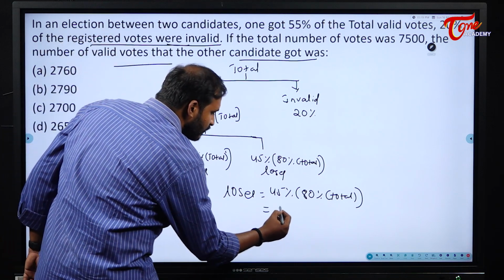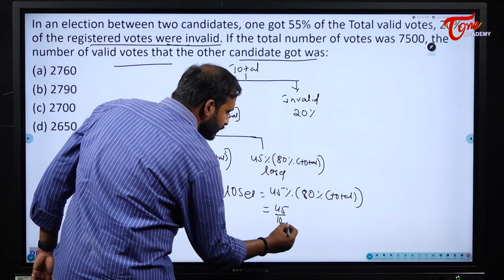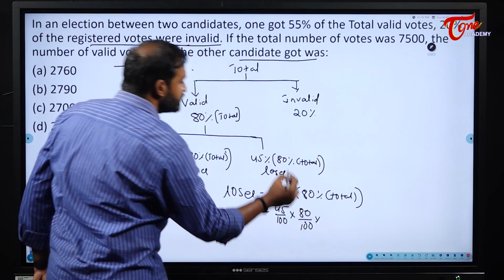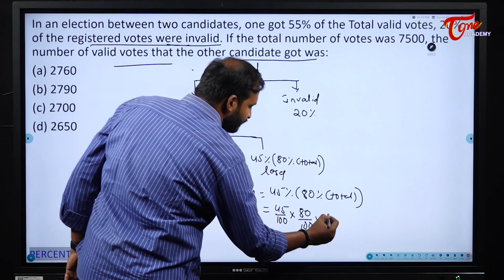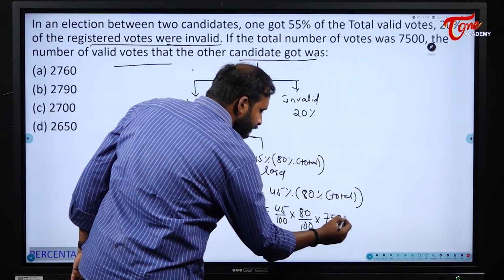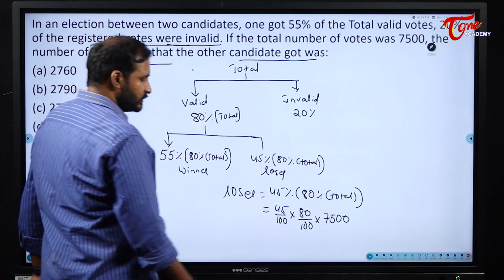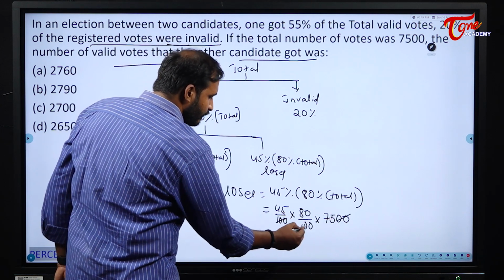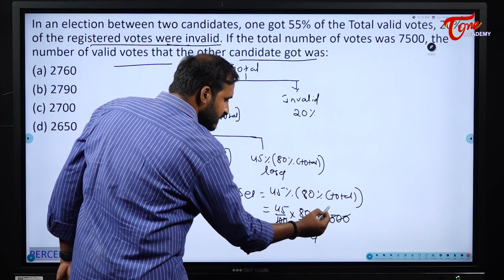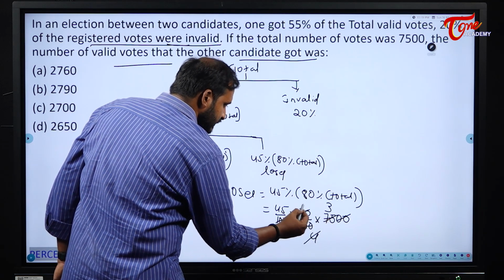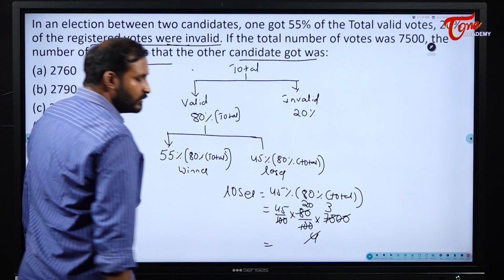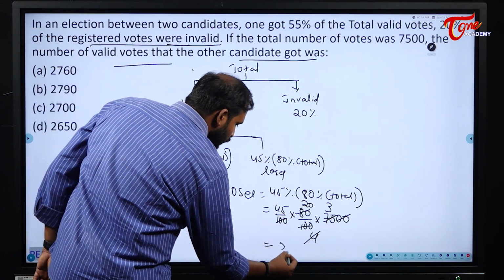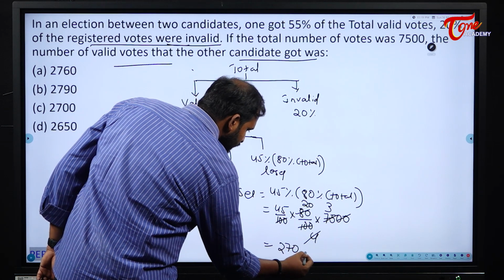45% of 80% of total. So what happens to this now? 45 by 100 into 80 by 100 into the total, which is mentioned in the question itself, what is it? 7500. So 2 zeros get cancelled, 25 fours are, 25 threes are, 4 ones, 4 20s. 45 6 are, 270 and 0.